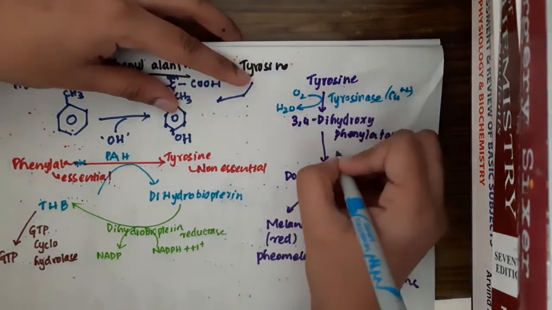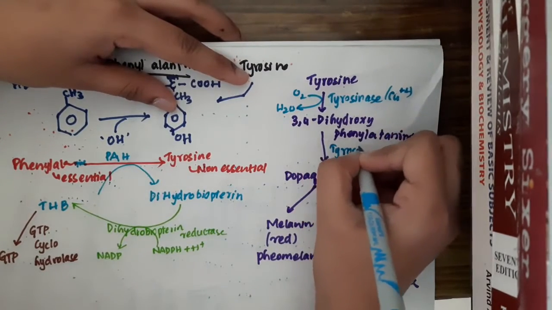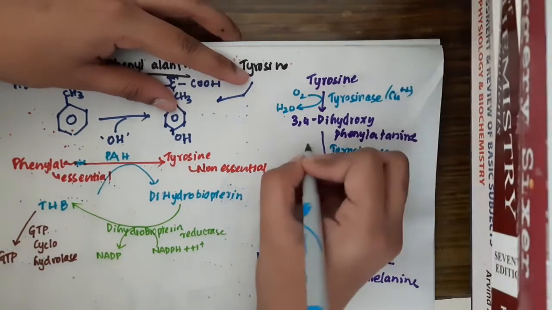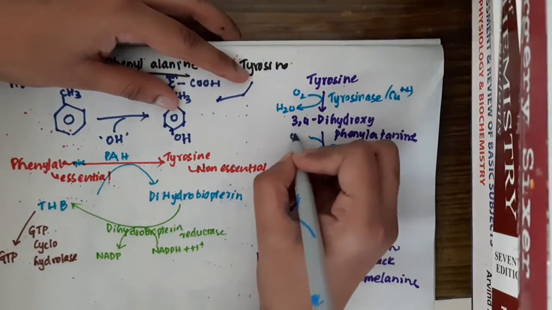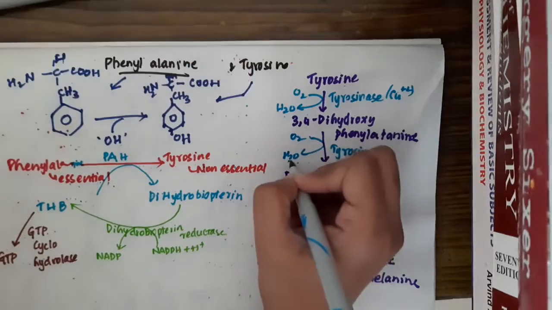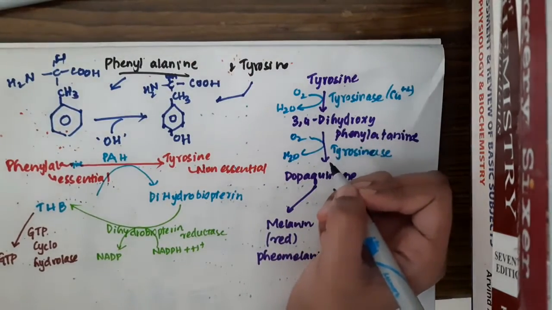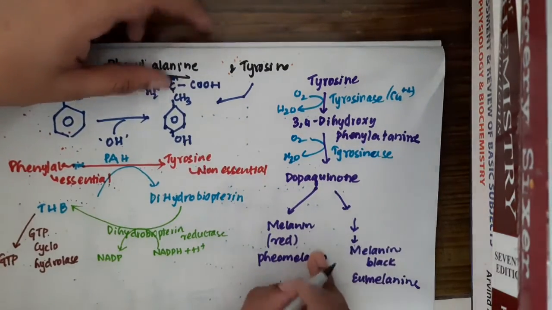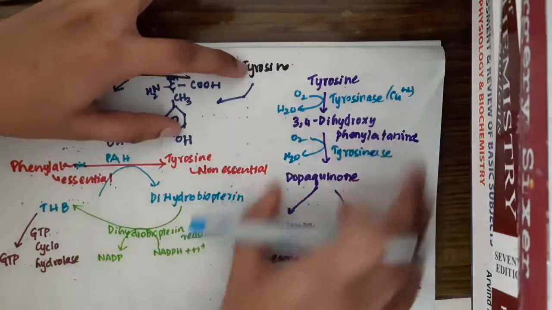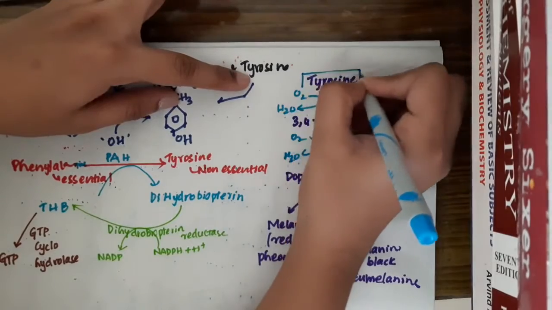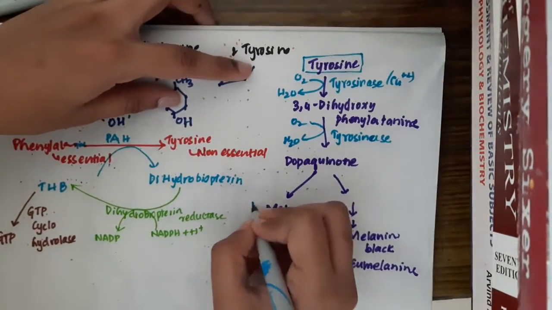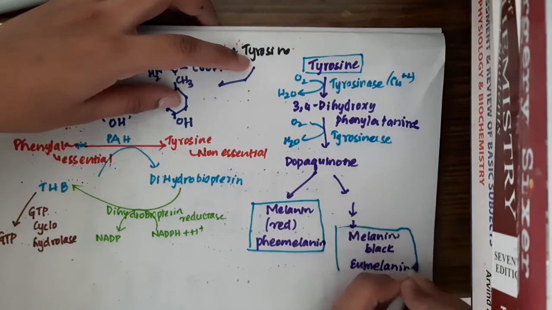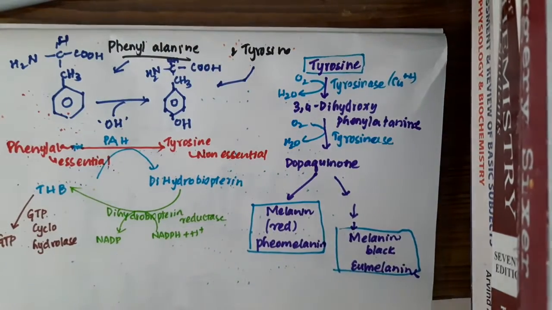And 3,4-dihydroxyphenylalanine also gets converted to dopaquinone in the presence of the enzyme tyrosinase. And even here, there is conversion of oxygen to water. Right. This occurs through a series of reactions. Though you do not remember all these, the only thing that you have to remember is tyrosine is responsible for formation of this melanin that gives color to our body.